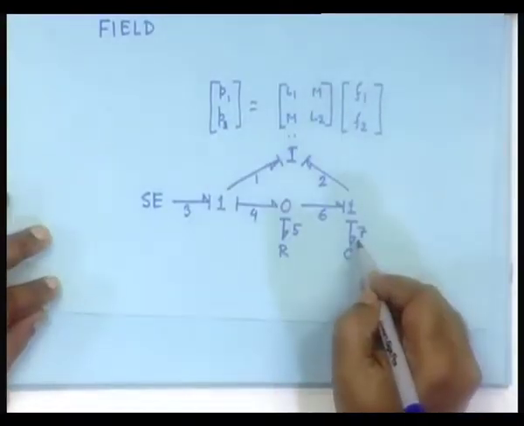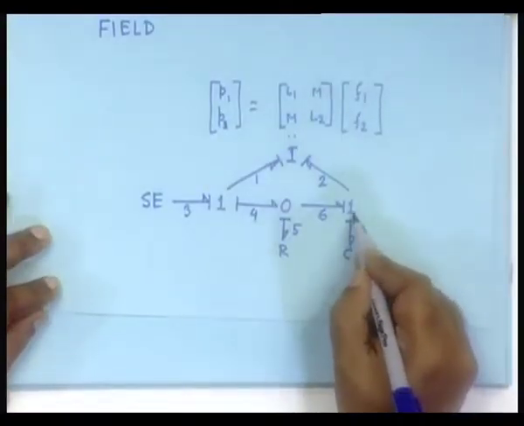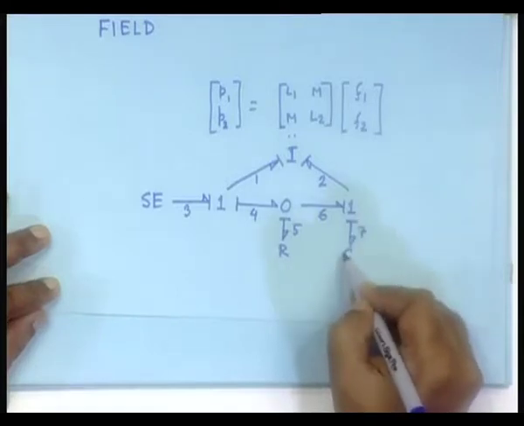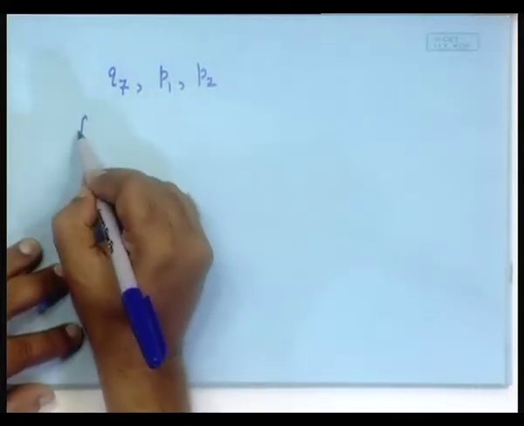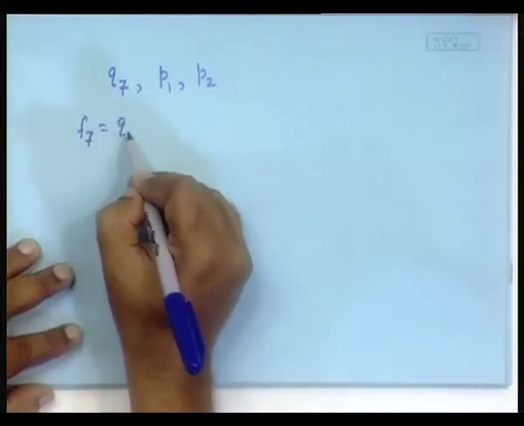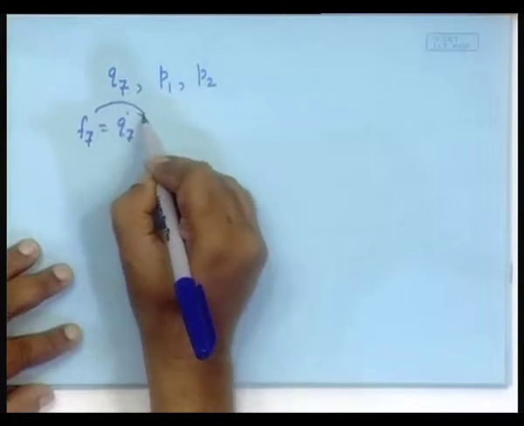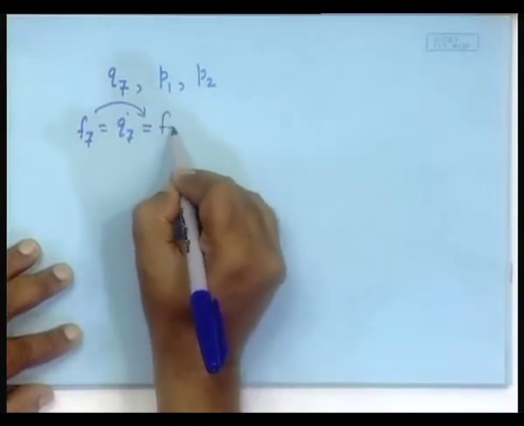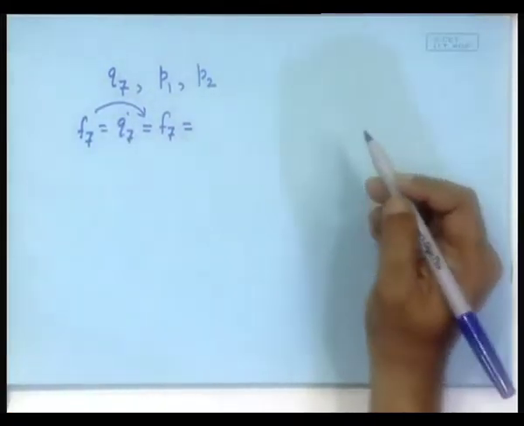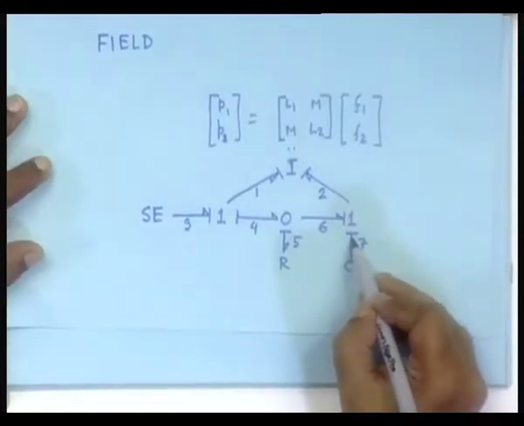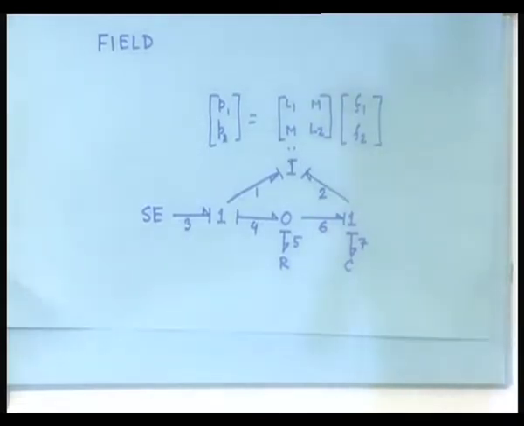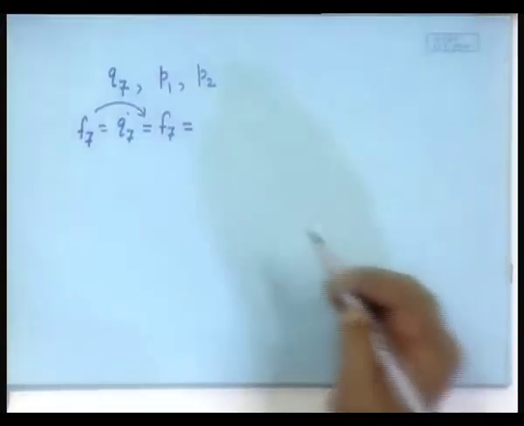In order to find out this Q7 dot, we ask this question: what does this element receive from the system? So, F7 is equal to Q7 dot. Then you bring it to the side, start with F7, and F7 is F2, which is known.